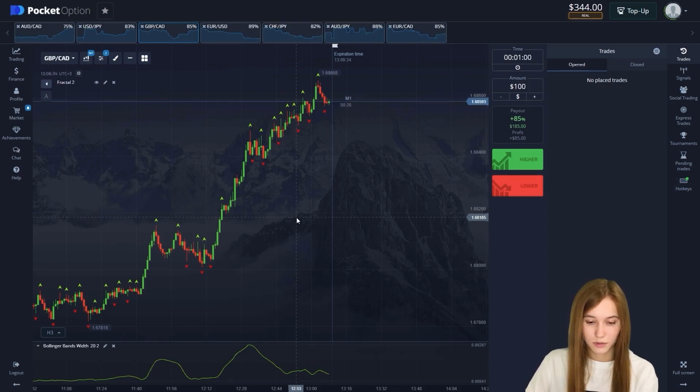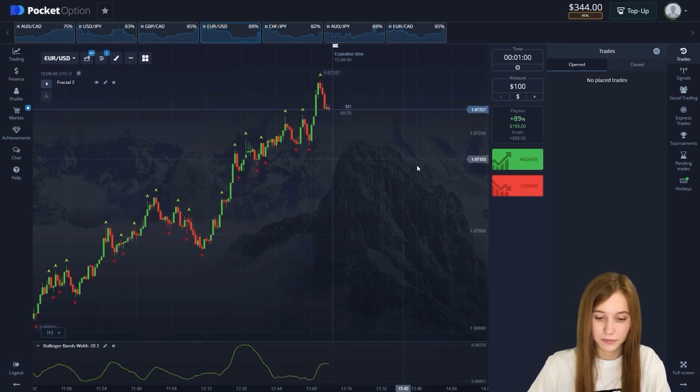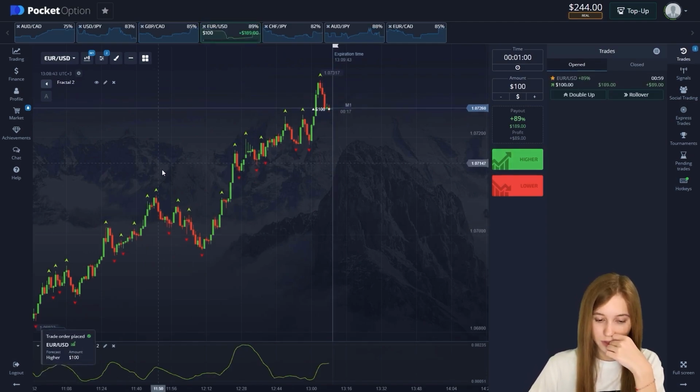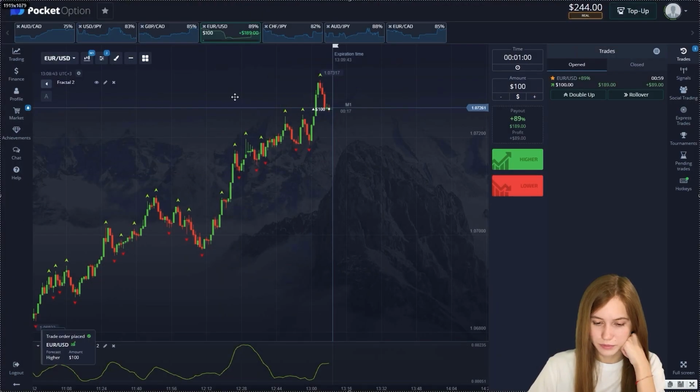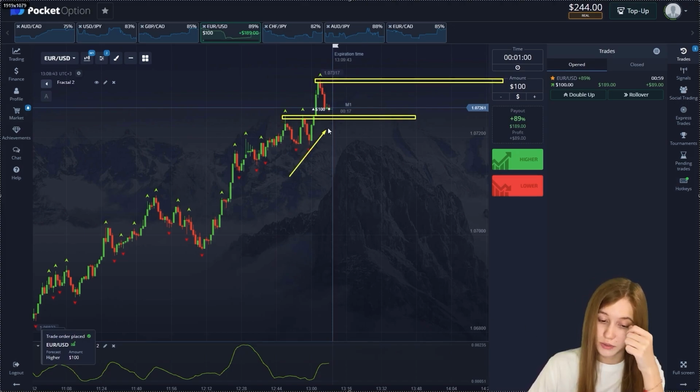So, and now we move on to the next concept. So here we are. We open up and we start our technical analysis. So we see support area and resistance area.